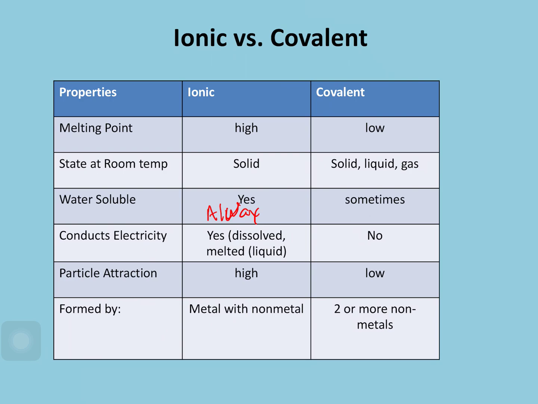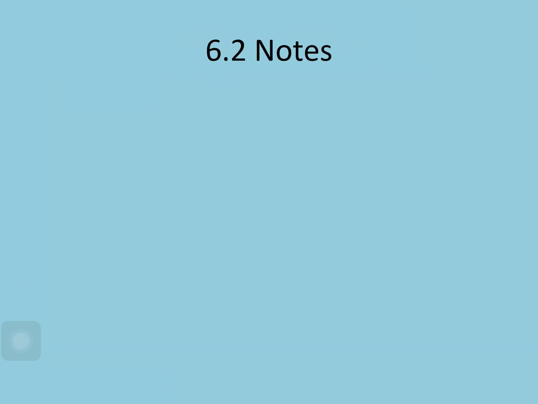Ionic does conduct electricity when it's dissolved or melted, and covalent does not conduct electricity. Particle attraction, this is between the atoms in the bond. Ionic is high and covalent is low. And ionic is formed by a metal with a nonmetal, and covalent is two or more nonmetals. And that would be it.